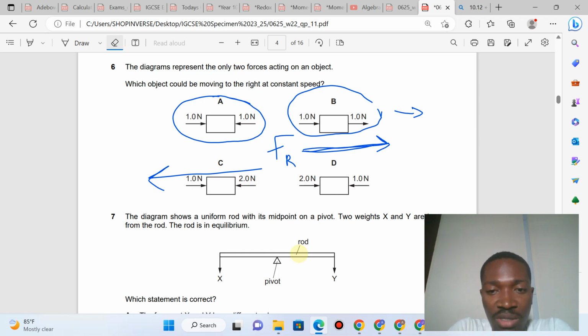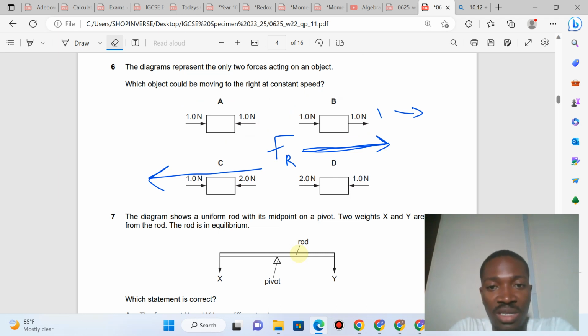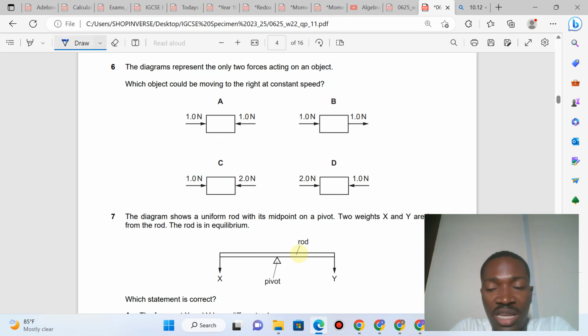Now we have to consider something else. For an object to be moving at constant speed, if the object is moving to the right at constant speed, that means there will be no resultant force. The resultant force is equal to 0. Why? Because force is equal to mass times acceleration.